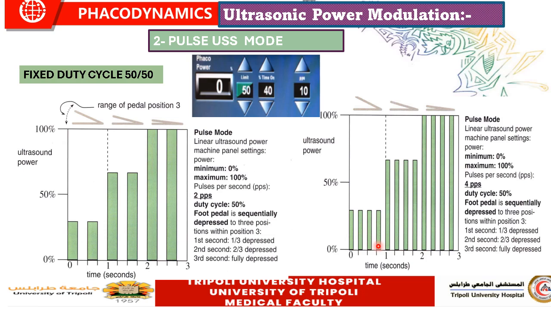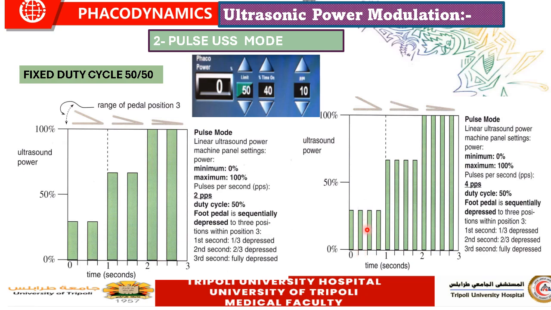Now, the advantage of the pulse ultrasound over the continuous ultrasound is the presence of this resting interval between pulses. This is very important, because it improves the followability of the fragments. During this time there will be no repulsion effect of the ultrasound, so the lens fragment, with the help of the vacuum, will be followed and attracted by the phaco needle, and this will give the chance for the next cycle of pulse on time to do fragmentation of the lens fragment.